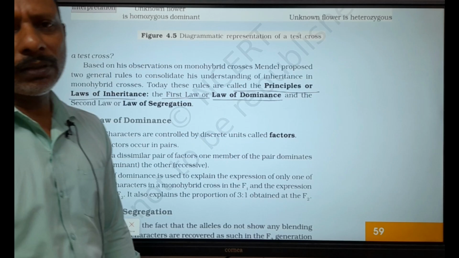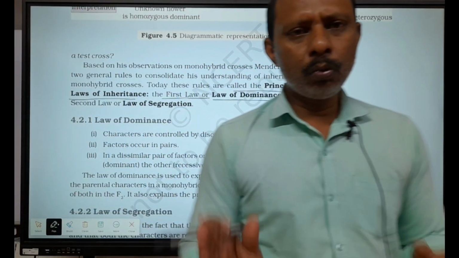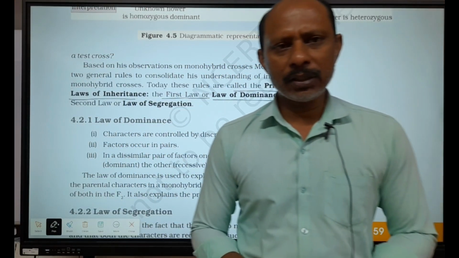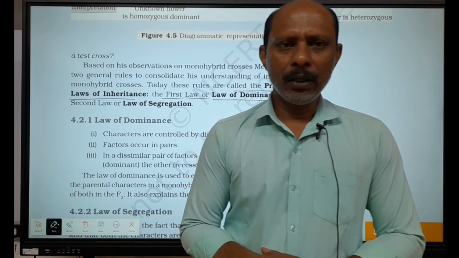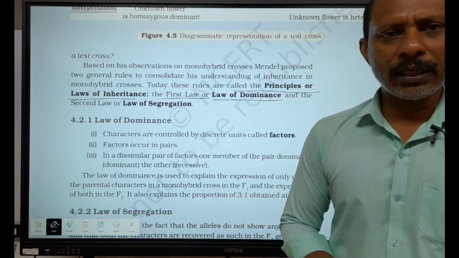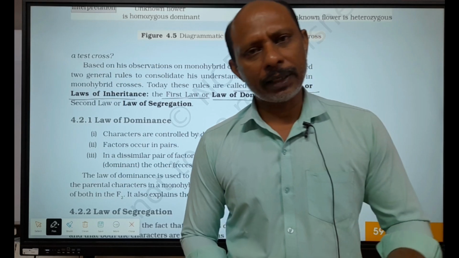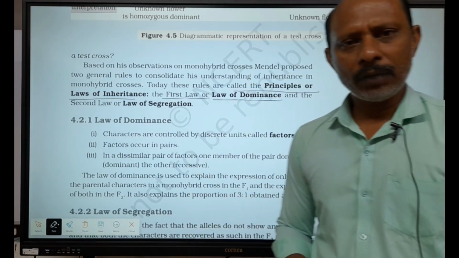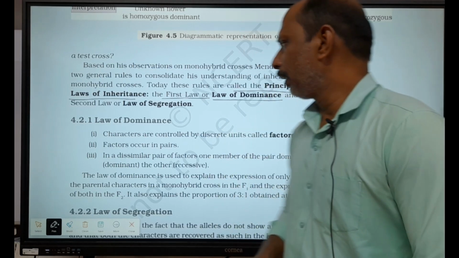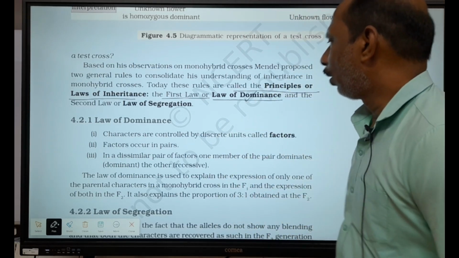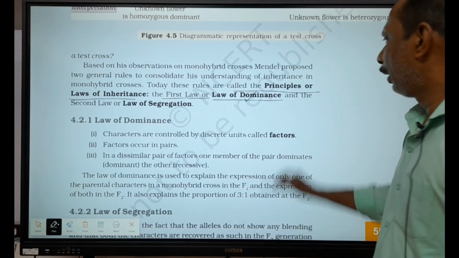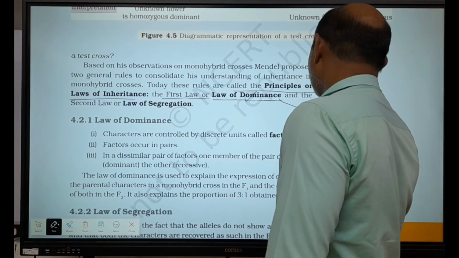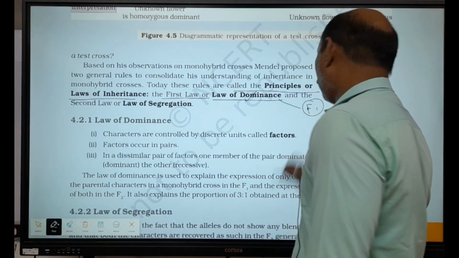Law of dominance means what? If we cross two contrasting traits, two opposite traits, right? Two different traits, then what happens in the F1 generation? Only one trait is expressed, the other one is not expressed. The trait which is expressed is called the dominant trait, and the trait which is not expressed is called the recessive trait. That law is called the law of dominance, proved by the F1 generation.